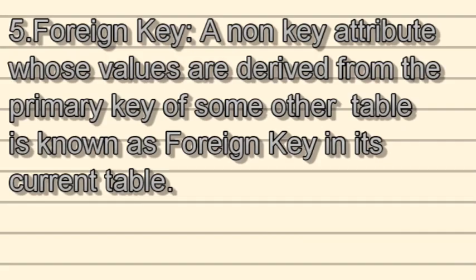The next kind of key available is the foreign key. A non-key attribute whose values are derived from the primary key of another table is known as a foreign key in the current table. In normal words, a non-key attribute of a table which is the primary key of some other table is known as a foreign key.